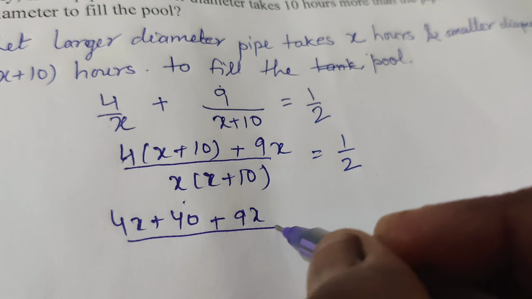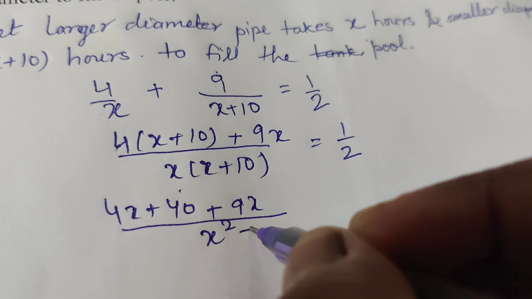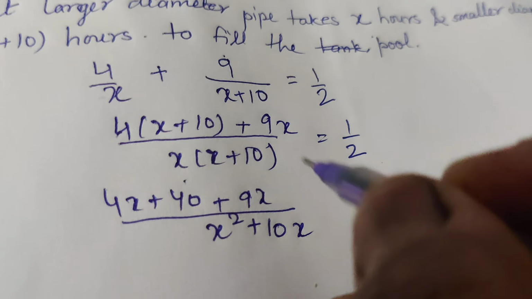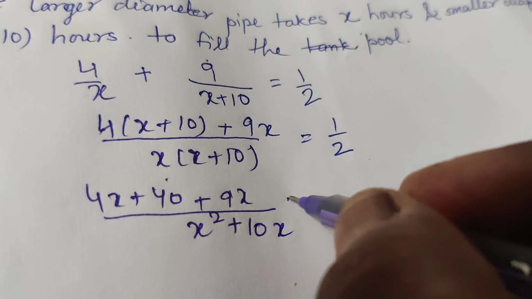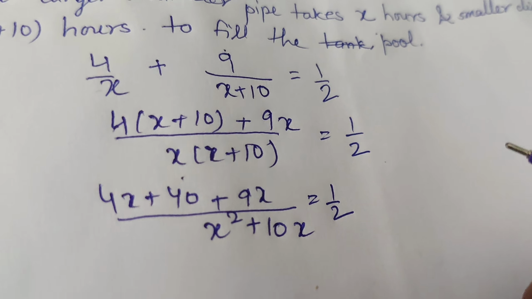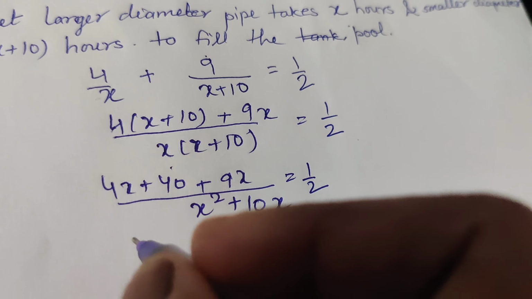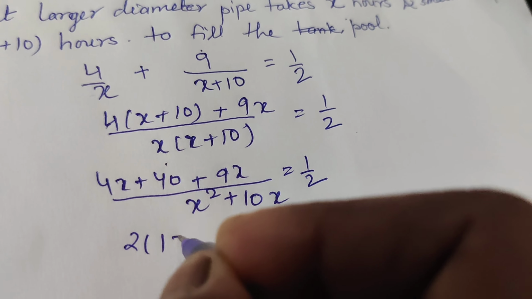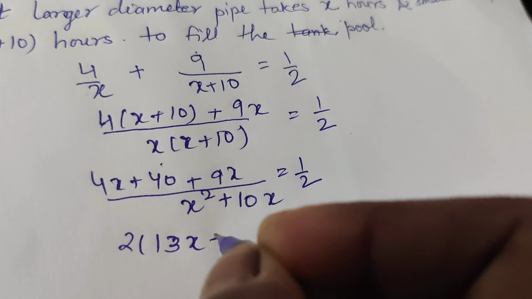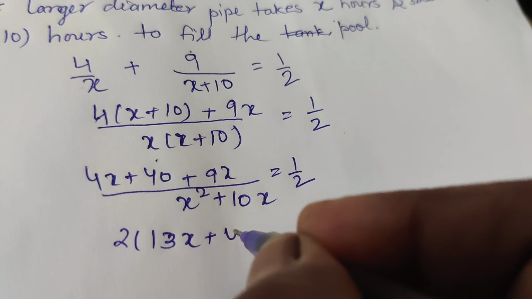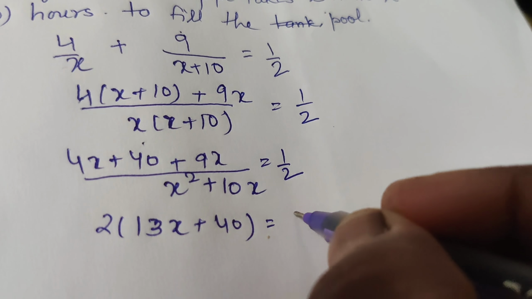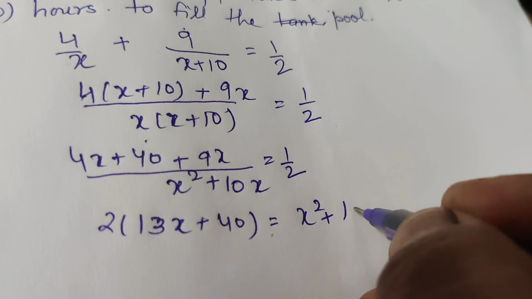Now divide by x square plus 10x. Multiply by x equal to 1 by 2. Now 4 plus 9 is 13x. 2 into 13x plus 40. क्रॉस मल्टीप्लाई कर रहे हैं और इधर है एक्स स्क्वायर प्लस 10x.